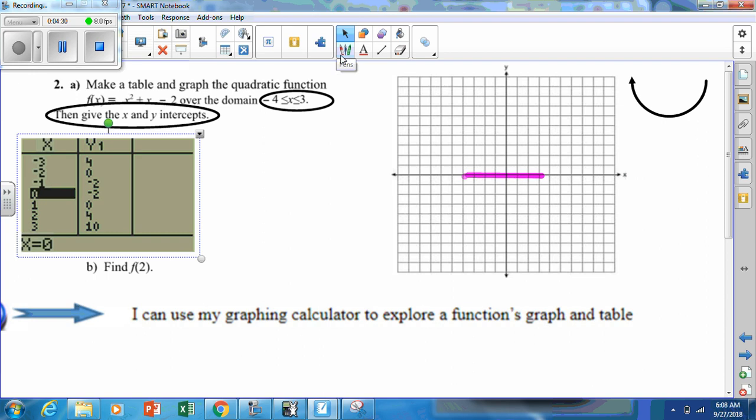So let's plot it. Over 1, down 2. Over 0, down 2.